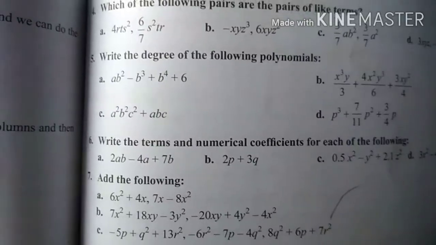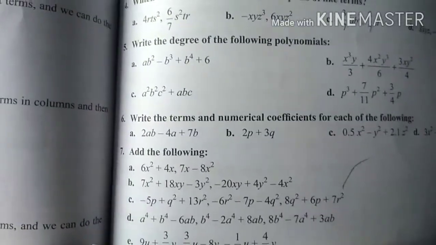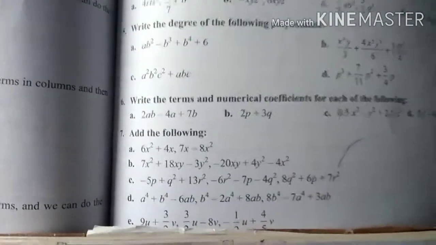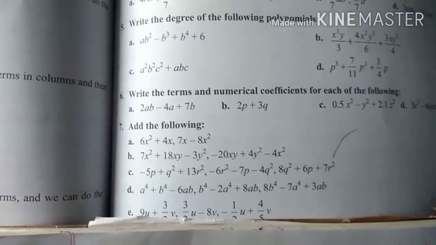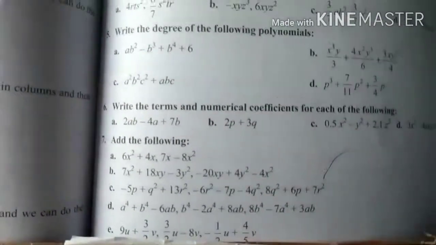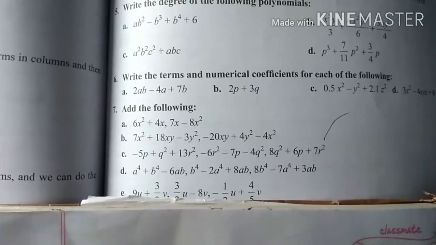The next question is, write the degree of the following polynomials. Look here, question number A, which is a b square minus b to the power 3 plus b to the power 4 plus 6. There are 4 terms, and the first one has 2 literals, or 2 variables.